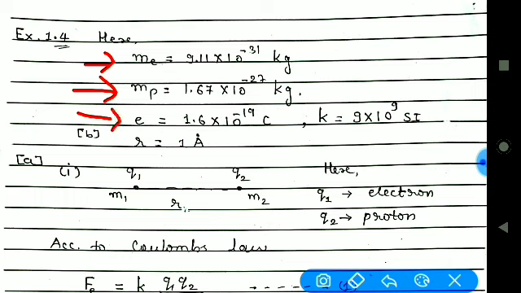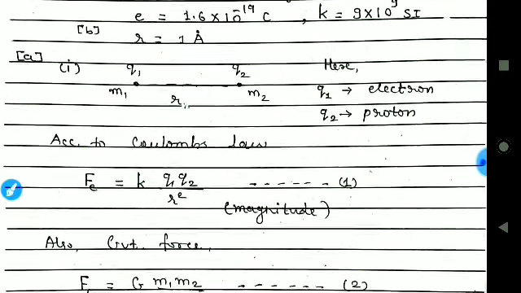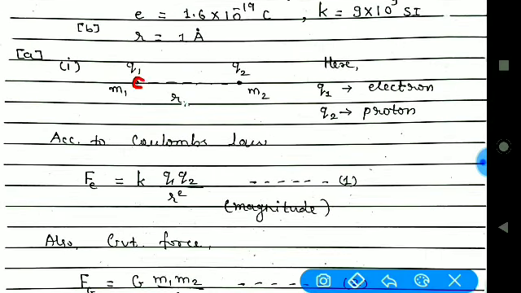Charge of an electron or a proton is 1.6 into 10 raised to minus 19, as well as value of K is 9 into 10 raised to 9. Distance between these two particles is 1 angstrom, that is also given. So these all are given conditions. Now, two charged particles Q1 and Q2 are having masses m1 and m2 and the distance between them is r.